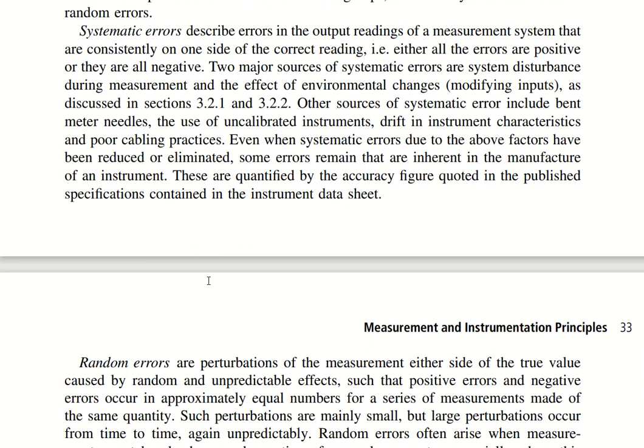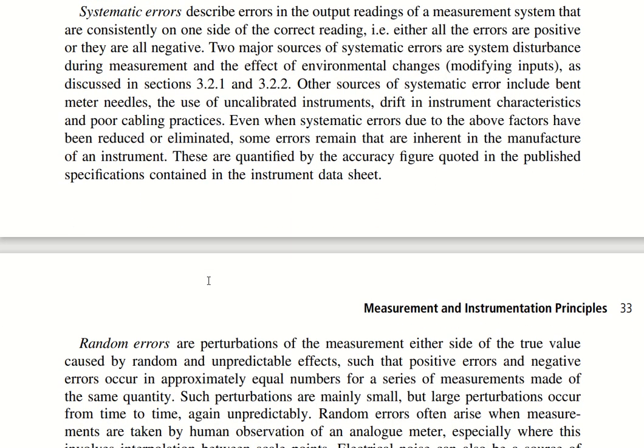So let's first discuss the systematic error. Systematic error describes errors in the output reading of the measurement system that are consistently on one side of the correct reading, like either all the errors are on the positive side or all the errors are on the negative side.